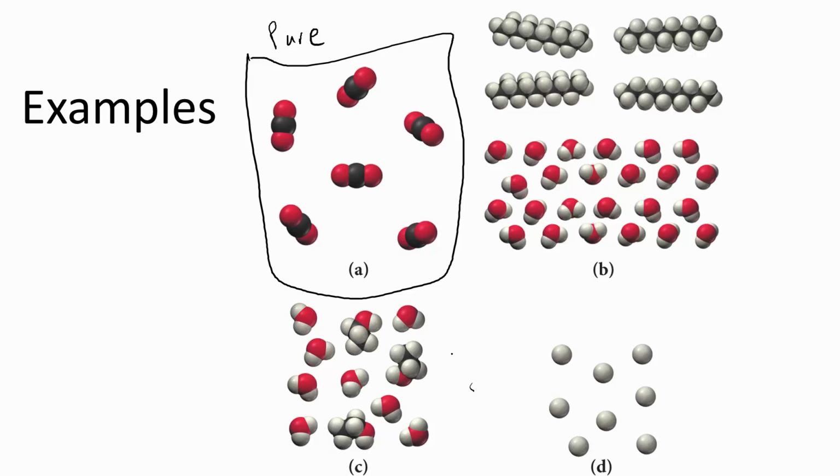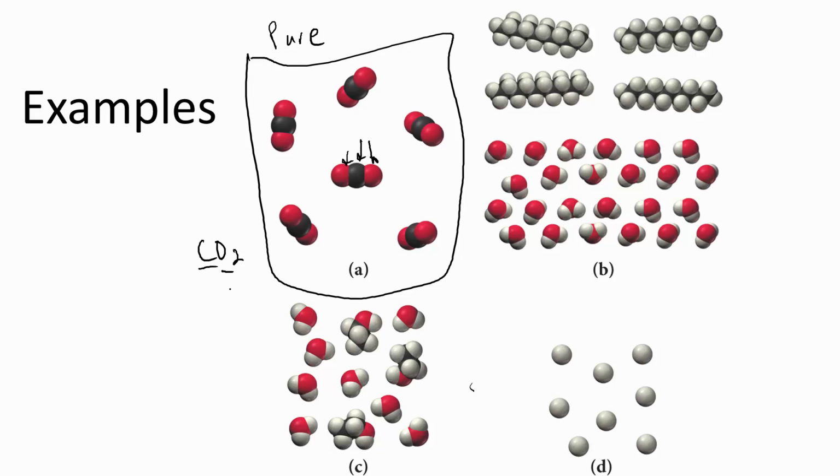Then we look at the things and say, all right, are they composed of different types of atoms? Well, we have some red, we have some black, more red. This is actually representing carbon dioxide, one carbon with two oxygens. So since we have carbon atoms and oxygen atoms, this is not an element. An element would be just carbons or just oxygens present.